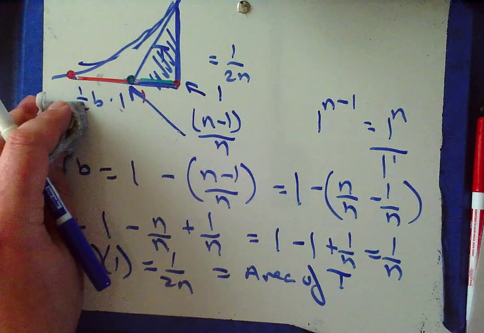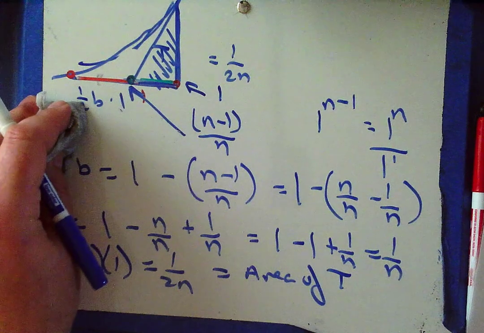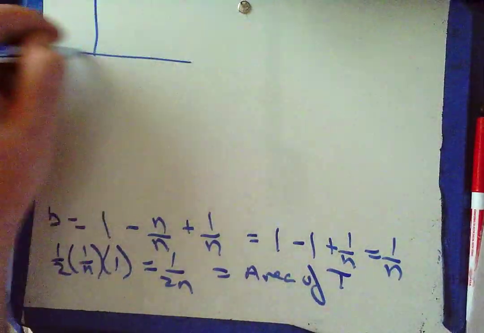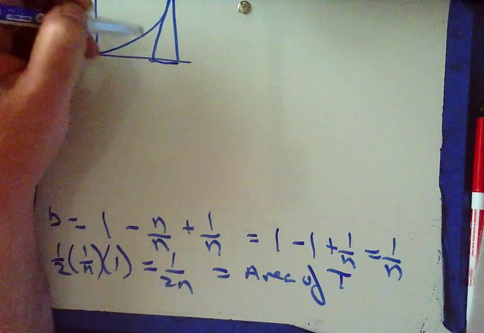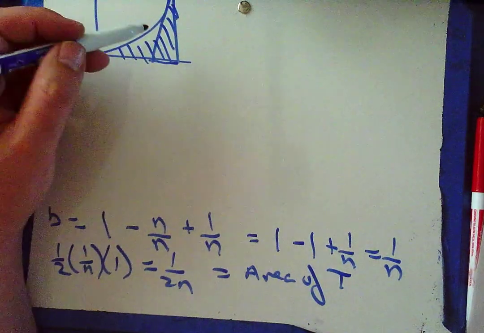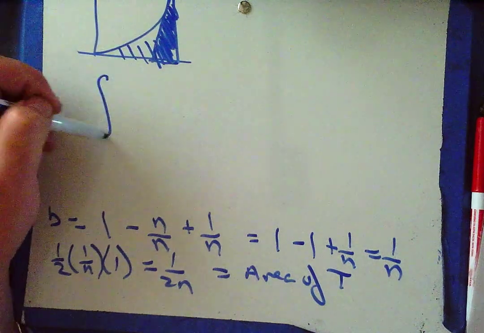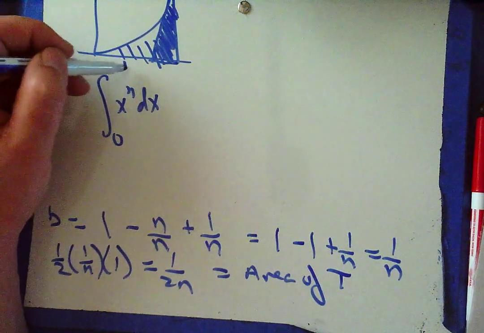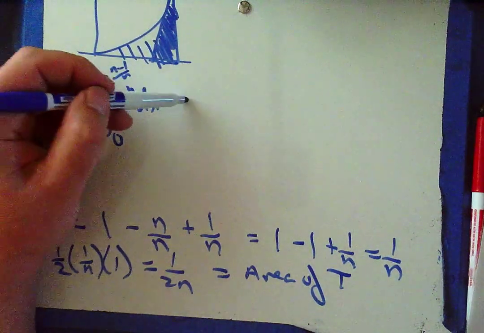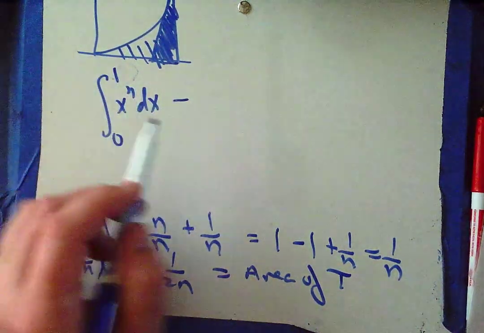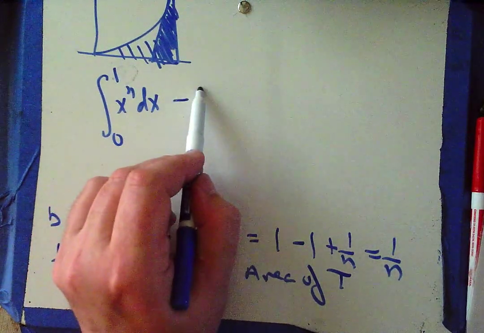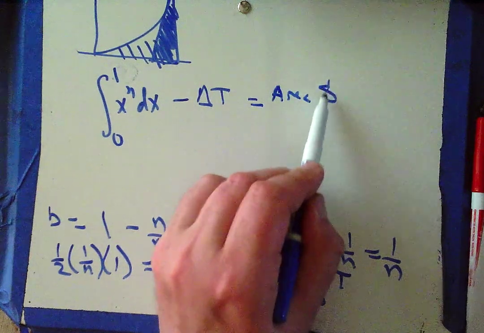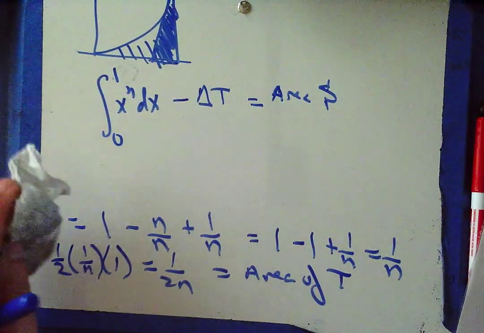Express the area of S in terms of n, and determine the value of n that maximizes S. Okay, so here's our S region, and I think that this is the area under the curve, and this is our triangle, and if we do the area under the curve from 0 to, oh god, where was that place again? n minus 1 over n, and subtract, oh no, let's just go 0 to 1, and subtract from that the area of T, we should get area S.